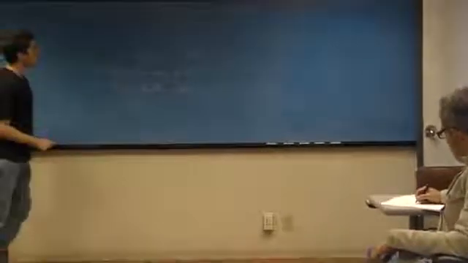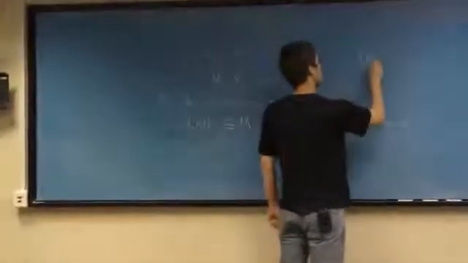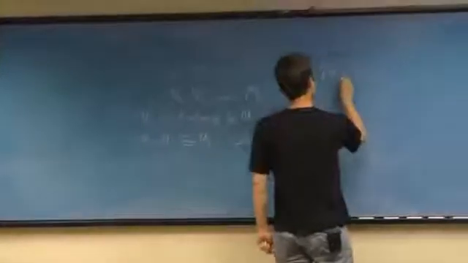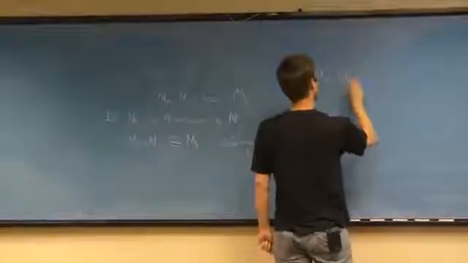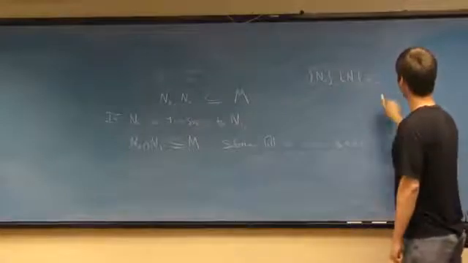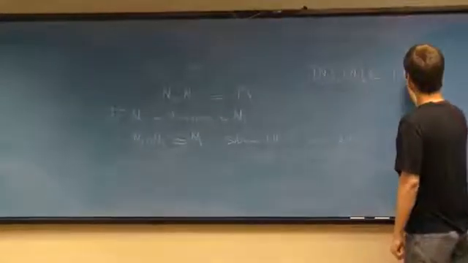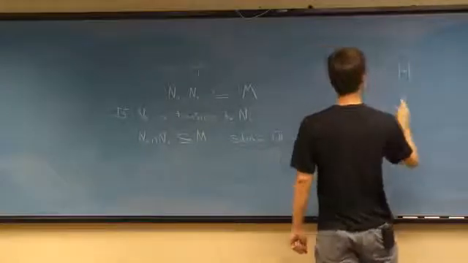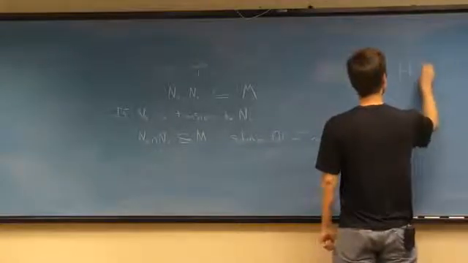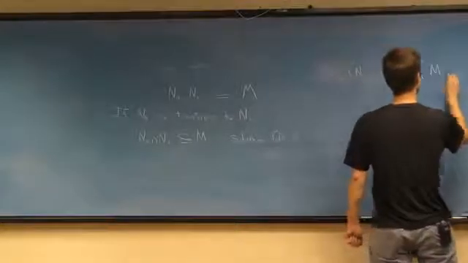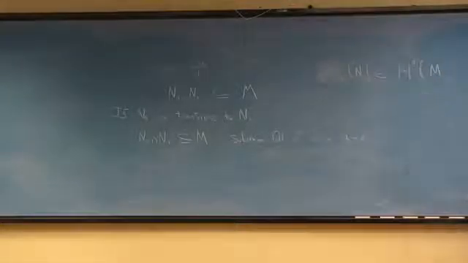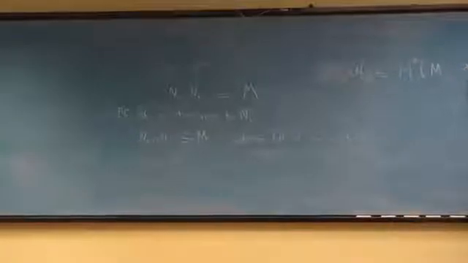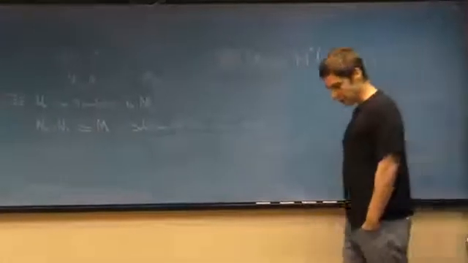And moreover, you can say what this intersection is doing at the level of cohomology. So these N0 and N1 determine cohomology classes. The class of Ni lives in the cohomology of M in dimension Di, let's say with Z mod 2 coefficients, so that I don't have to worry about orientations.